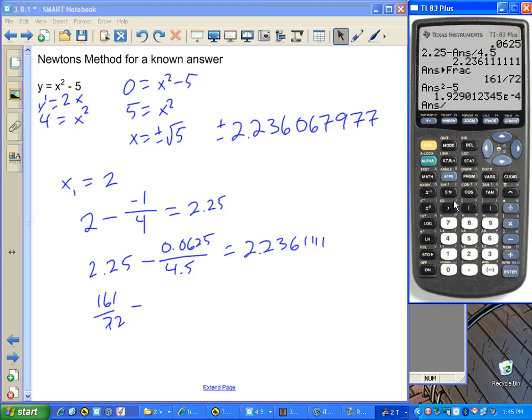Then I need to divide that by the first derivative at that, which is just this thing times 2. Then I need to take 161 divided by 72 and subtract what I just got. You get 2.236067978. So after just 1, 2, 3 iterations, I'm matching pretty much all the decimals that I had.